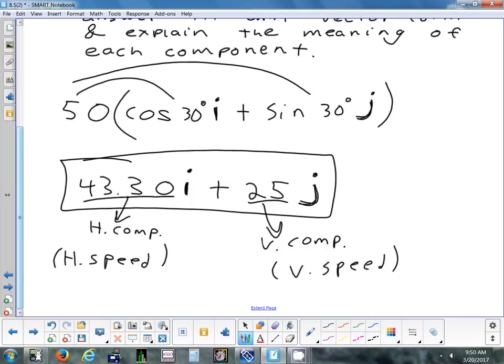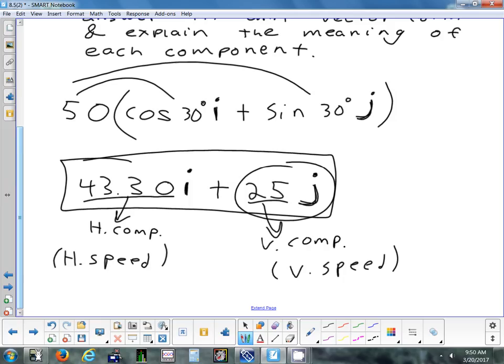Is this the initial? These are initial speeds, yes. Now, it's going to slow down. Only one of these speeds is affected by gravity. Which one of these speeds is affected by gravity? Only the vertical. So the vertical speed is constantly changing.